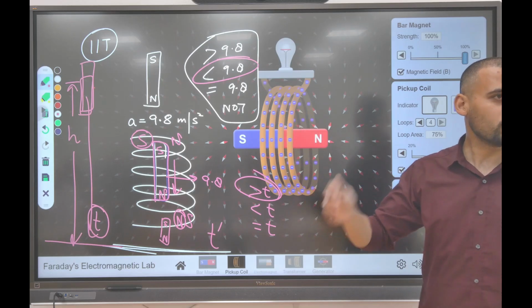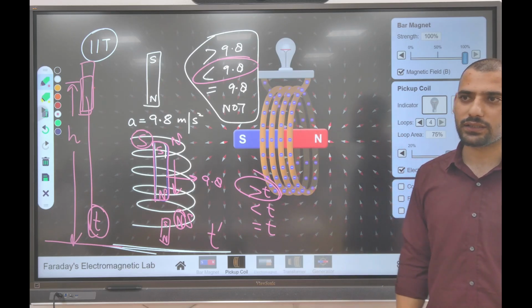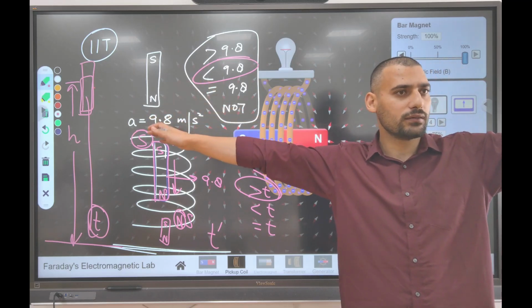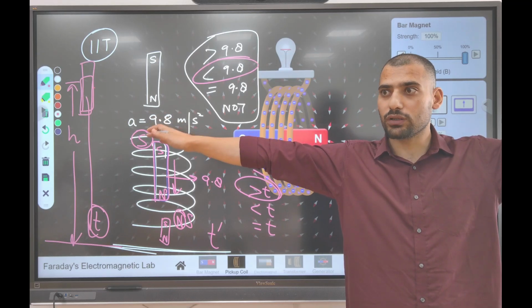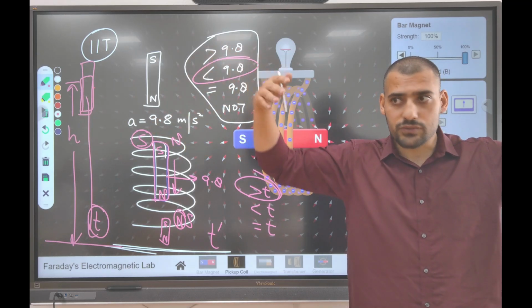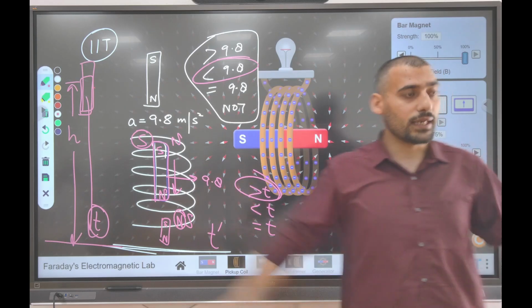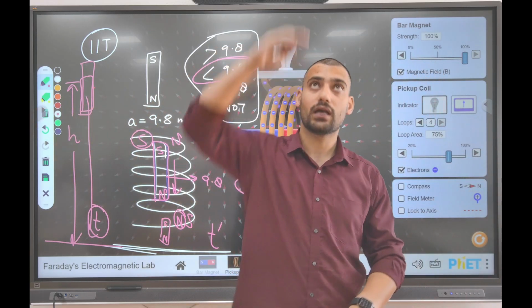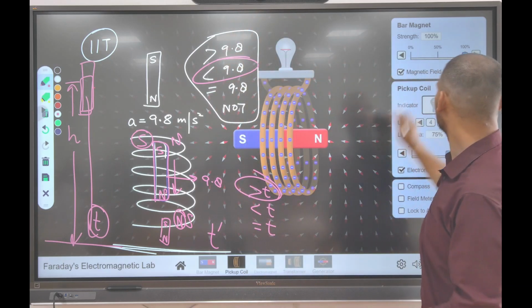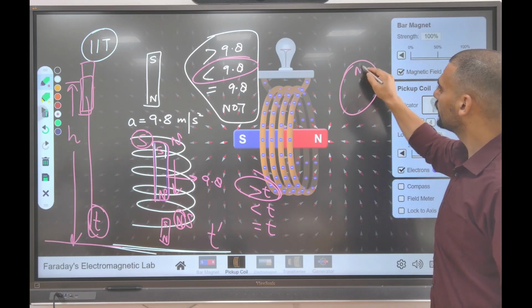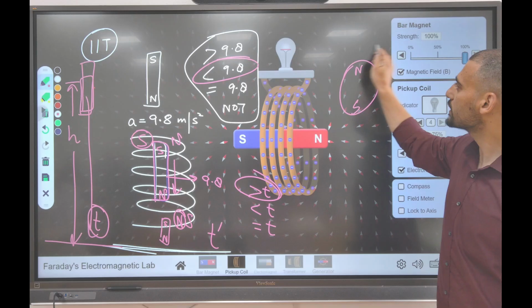Do you know one of the best applications of electromagnetic induction? Have you seen an aeroplane fly? When an aeroplane flies, electromagnetic induction happens with the aeroplane as well. If you look at the Earth, North and South, say for example, the aeroplane is here.